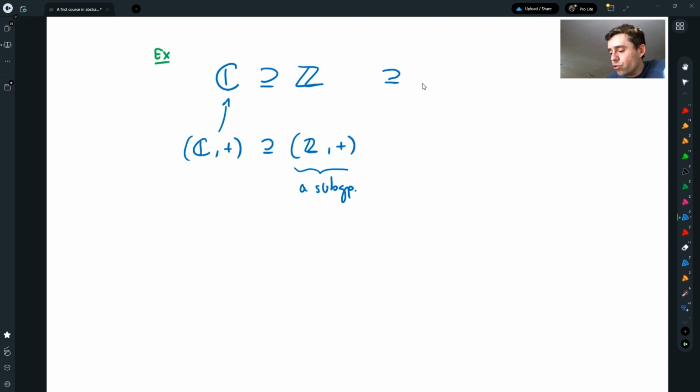Now, if I go to the natural numbers under addition, they are closed under addition, but this is not a group, so this is not a subgroup.